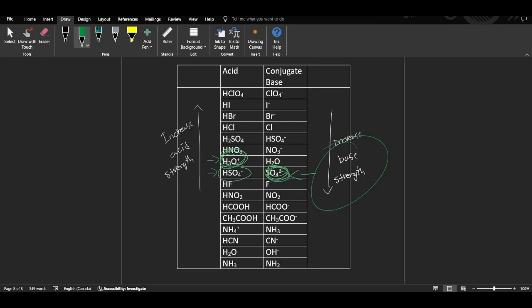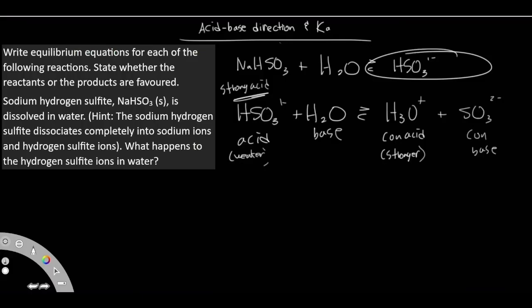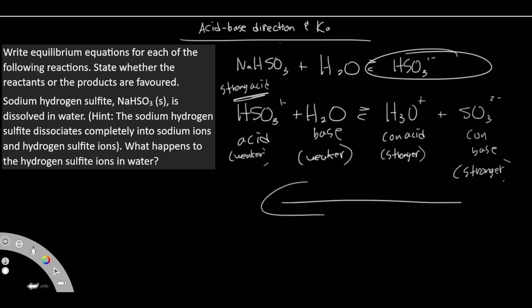It is a stronger base compared to this H2O. So we're just going to be putting here stronger. Obviously, this is going to be weaker then. They all check out. So obviously, the answer is going to be towards the left.